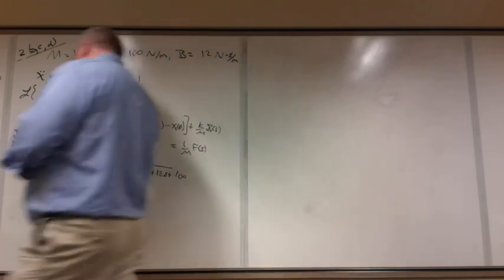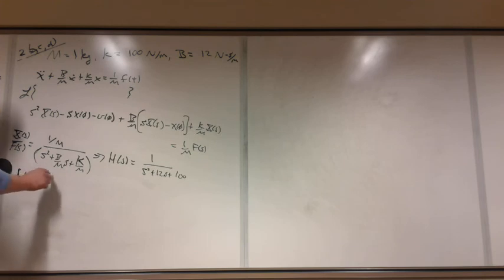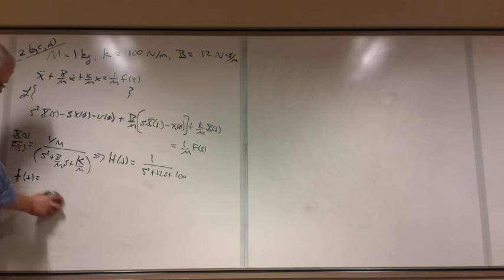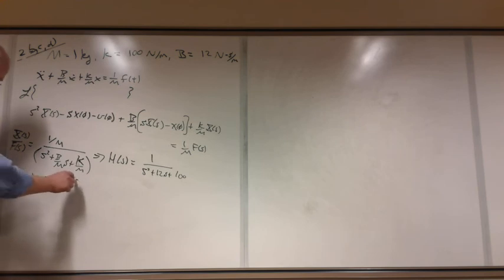All right, probably only have time to finish up this one and then call it done for the video. F of t is equal to a step of 50 newtons.